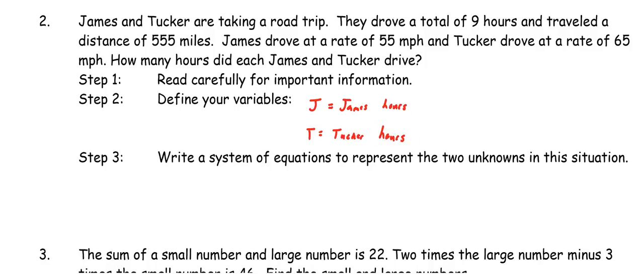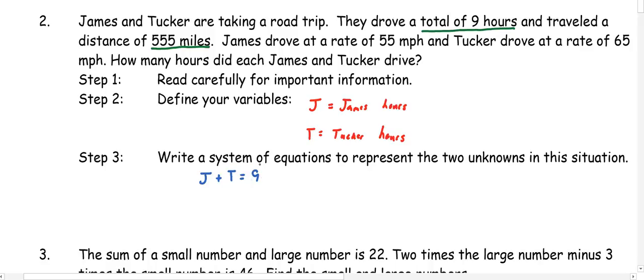Now, if we go back and look, we saw that they drove for a total of 9 hours and covered 555 miles. So we're going to have two equations, one set equal to each. Since our variables are representing hours, we can say J plus T is equal to that total of 9 hours.